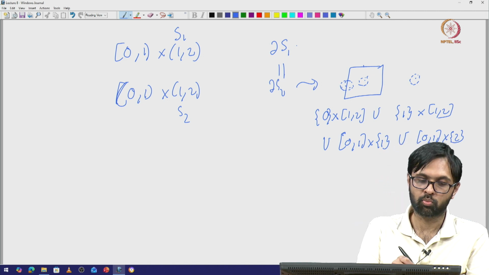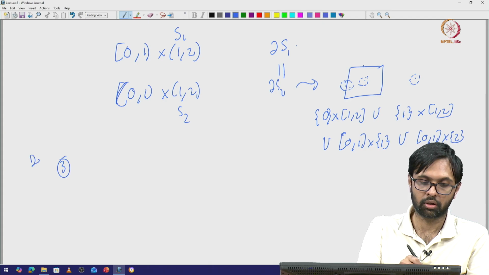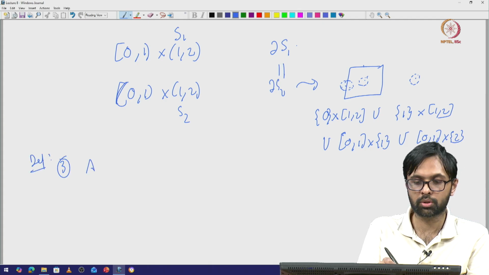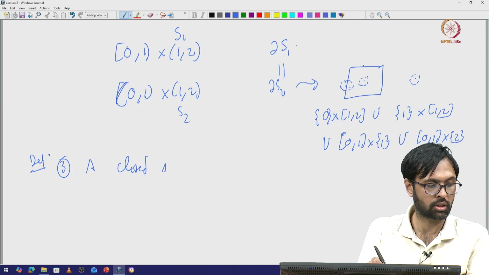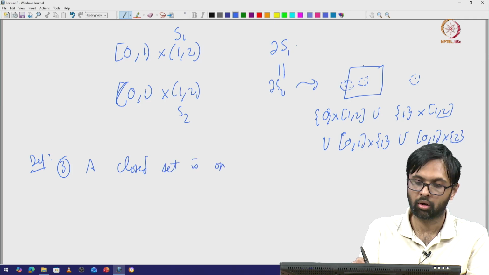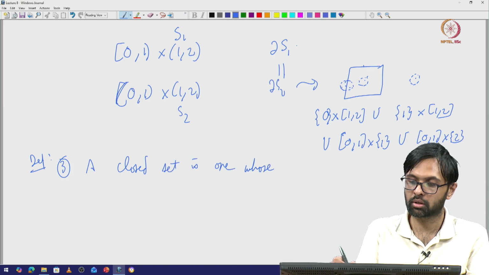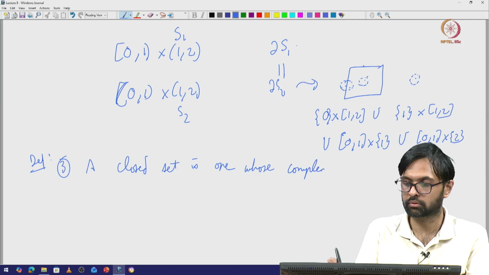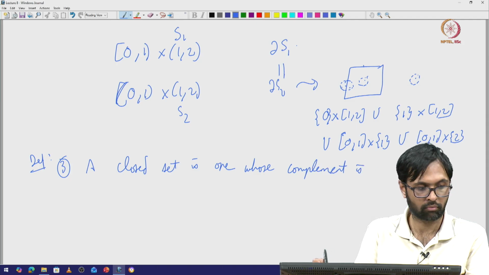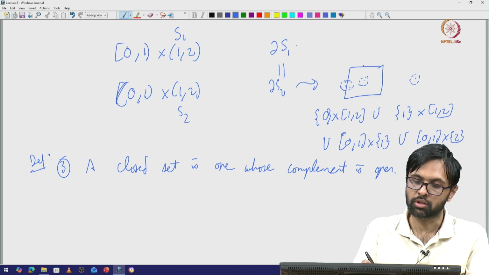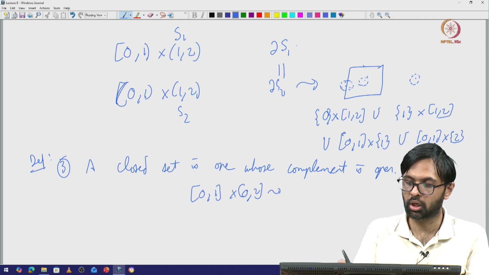Okay, so here's one more definition, the third definition if you wish. What's a closed set? A closed set is one whose complement is open. Okay. So for example, if you take [0,1] cross [0,2], this is closed.